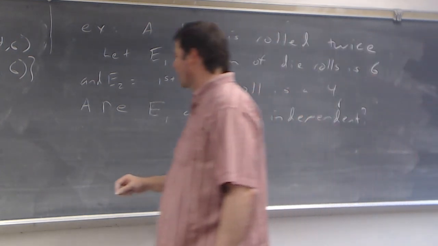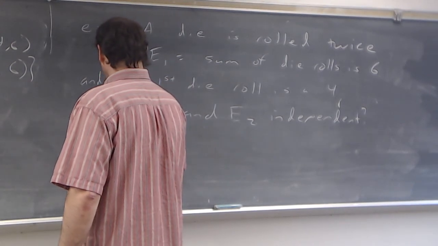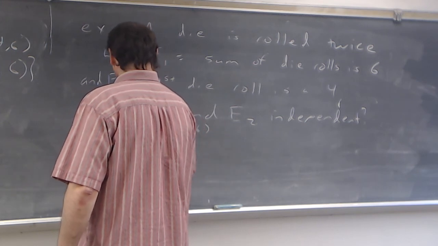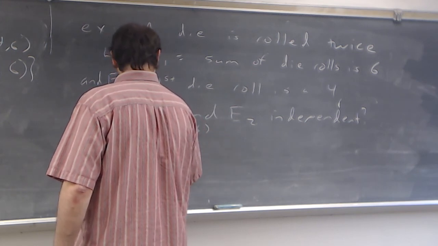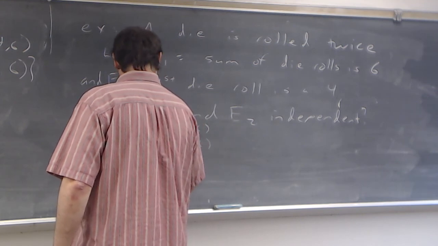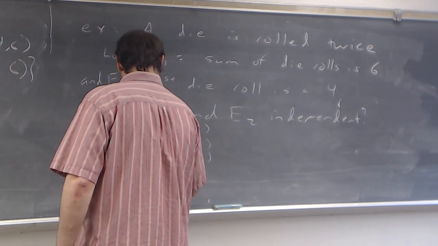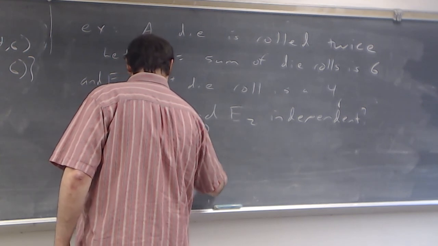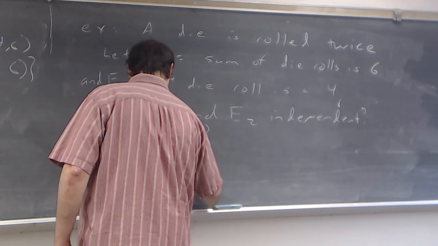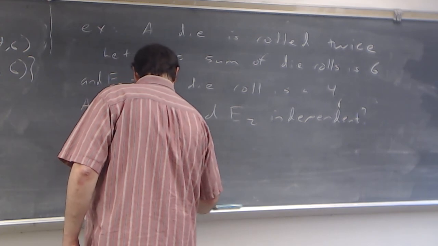Well, the sample space, very quickly, remember what it is. It's 1,1 all the way up to 1,6. And then it's 2,1 all the way up to 2,6. 3,1 all the way up to 3,6. 4,1 all the way up to 4,6. 5,1 all the way up to 5,6. And then 6,1 all the way up to 6,6.